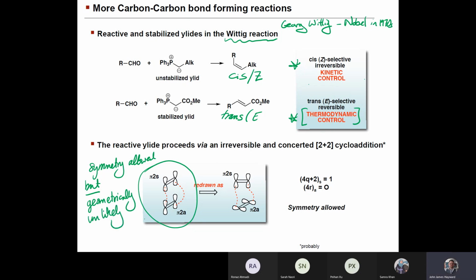unlikely. Okay, because what we're doing with these arrows, we're saying that this carbon atom is reacting with the top face of this carbon atom at the same time that this carbon atom is reacting with the bottom face of this one. So that's weird and unlikely. So what ends up happening instead is that the bottom component there has been redrawn by being flipped 90 degrees onto its side.